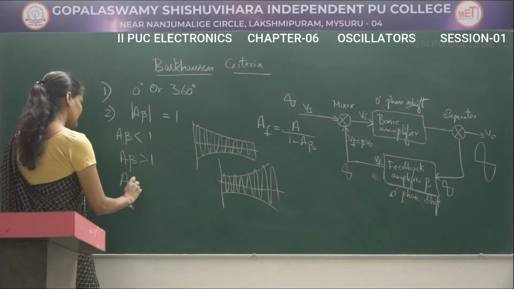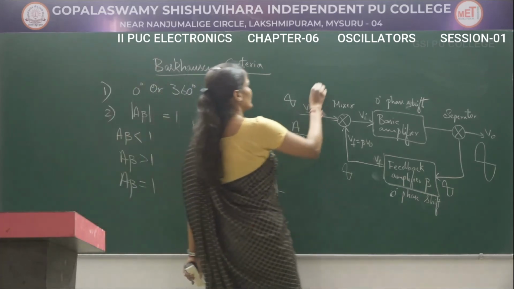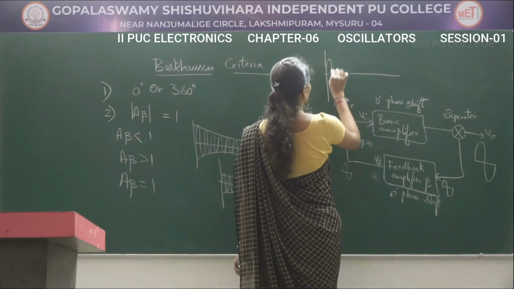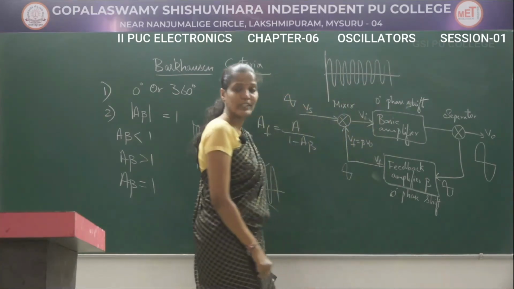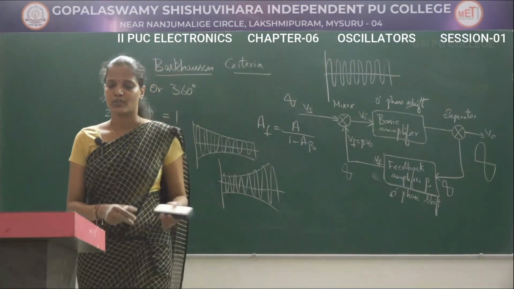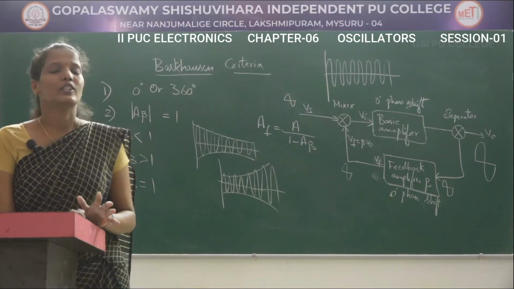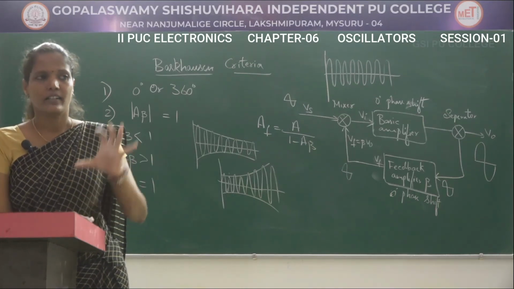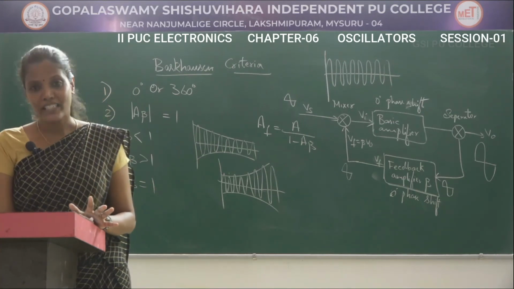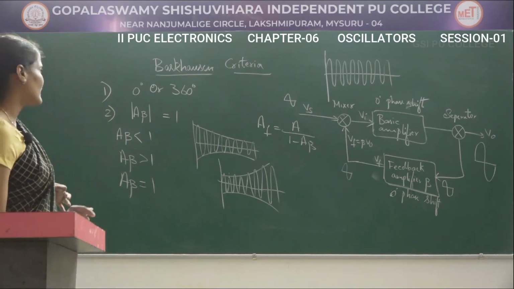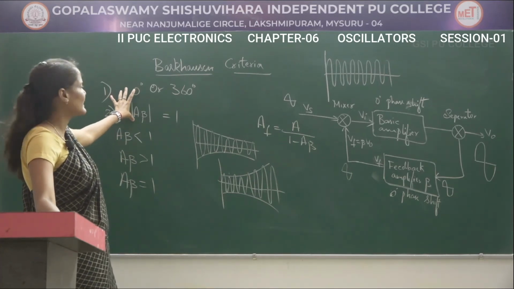Coming to the last case, if A beta is equal to 1, then we get a sustained oscillation, which is very important in almost all kinds of electronic circuits. So if we want any kind of oscillations, or signals with constant amplitude and constant frequency, we have to make sure that we follow these two Barkhausen criteria.